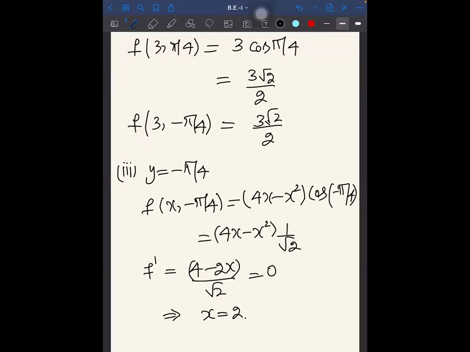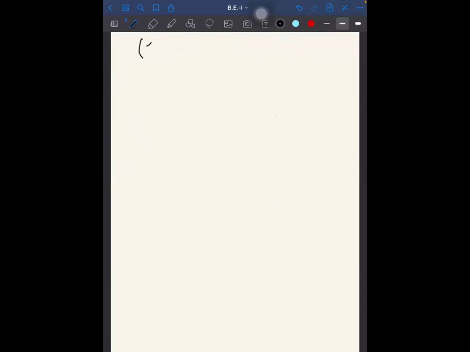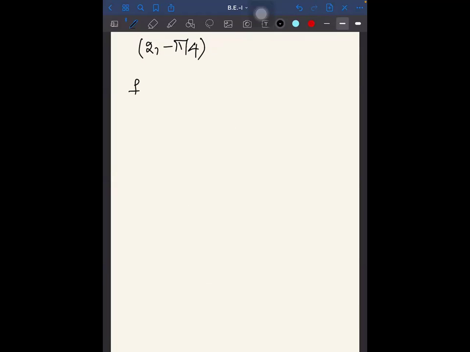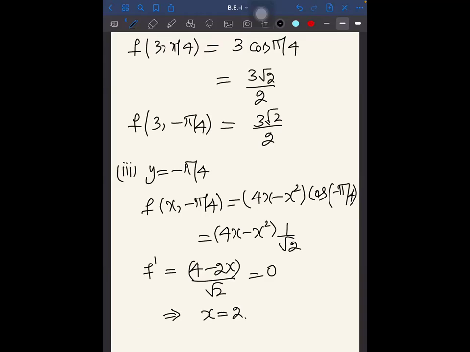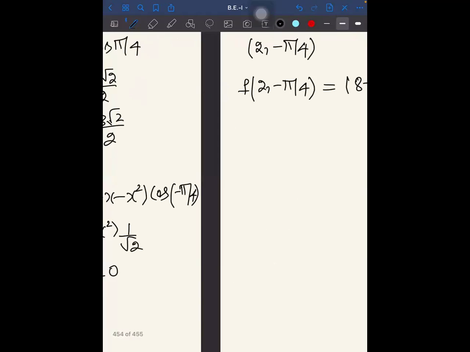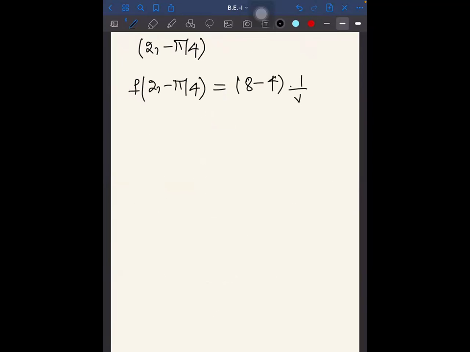Okay. So now the point is what? (2, minus pi by 4). So (2, minus pi by 4) is your point, and you just calculate the value at that point. So f of (2, minus pi by 4) will be, you put 2 and minus pi by 4. So we put 2 over here. 8 minus 4, and we already got that 1 by root 2.